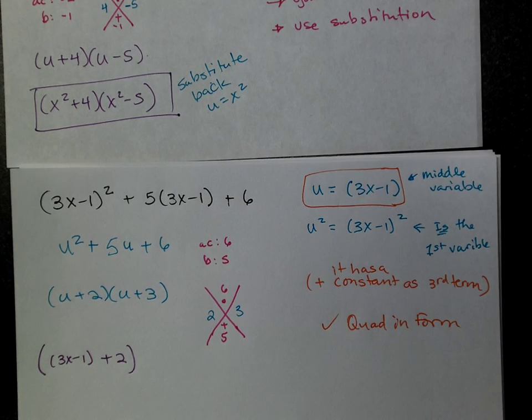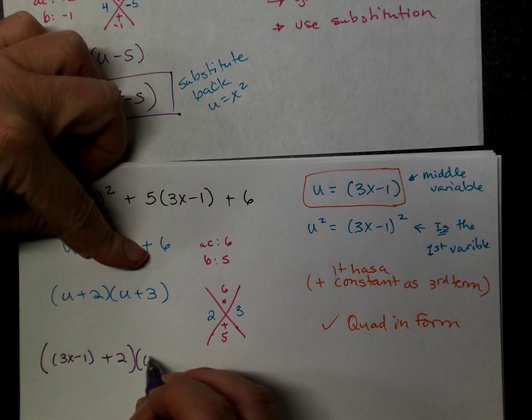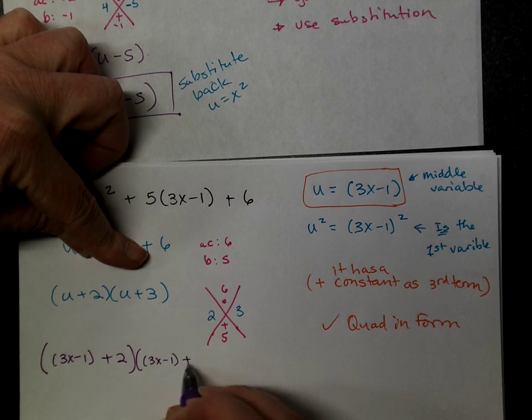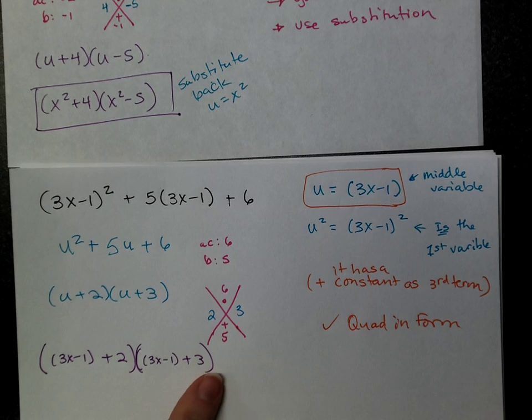Do we need these inner parentheses now? No, there's nothing. Now I can just drop them and simplify like terms. And this one, u plus 3 is 3x minus 1 plus 3.